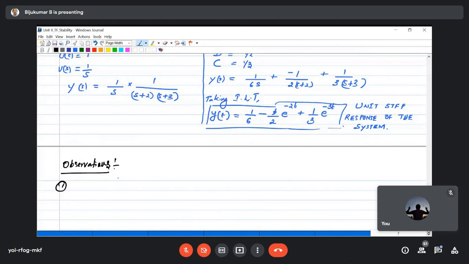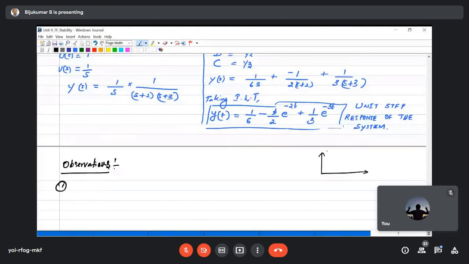Because the system has the poles -2, -3, right? So regarding stability, whether the system is giving bounded output for all time t, because my signal is like this, right?